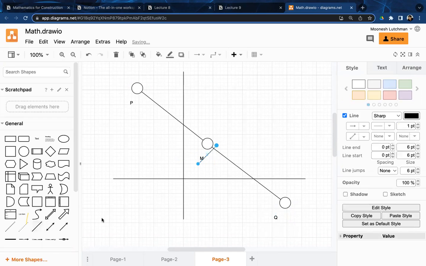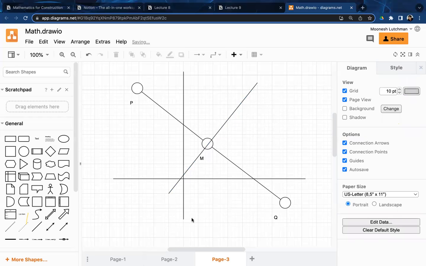And L2, let's bring it out here. L2 is a line that is perpendicular to PQ, passing through M, the midpoint.